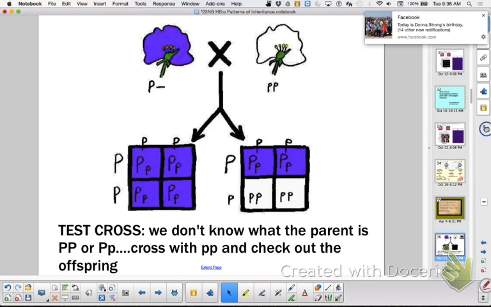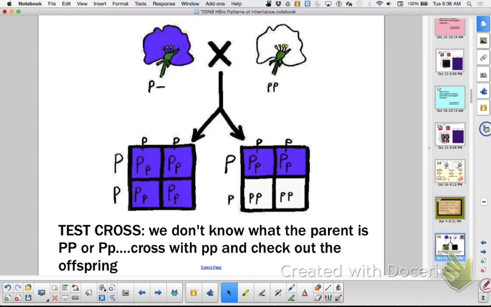He's big B, big B. But if just one of them has a blue-eyed child, what do we know? He was big B, little b. That is a test cross. When you have a dominant trait, you don't know for sure their genotype. Look at me. So you always test them with a homozygous recessive, the recessive trait. That's how you do a test cross.